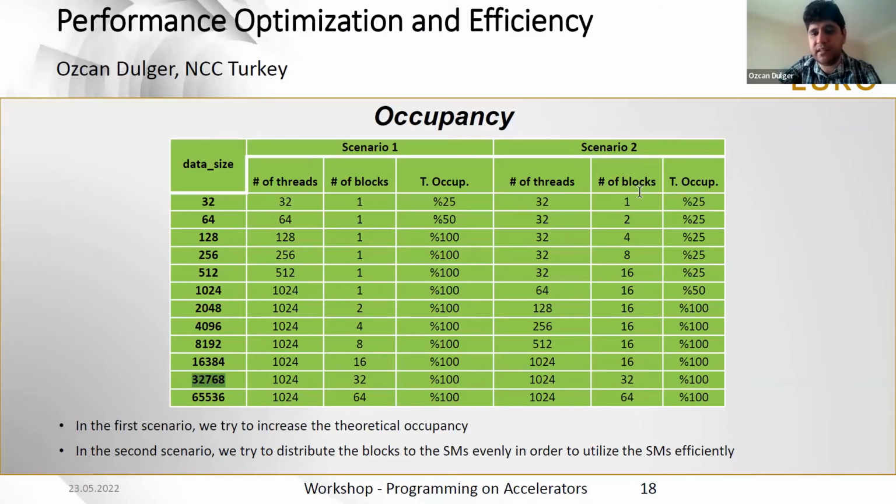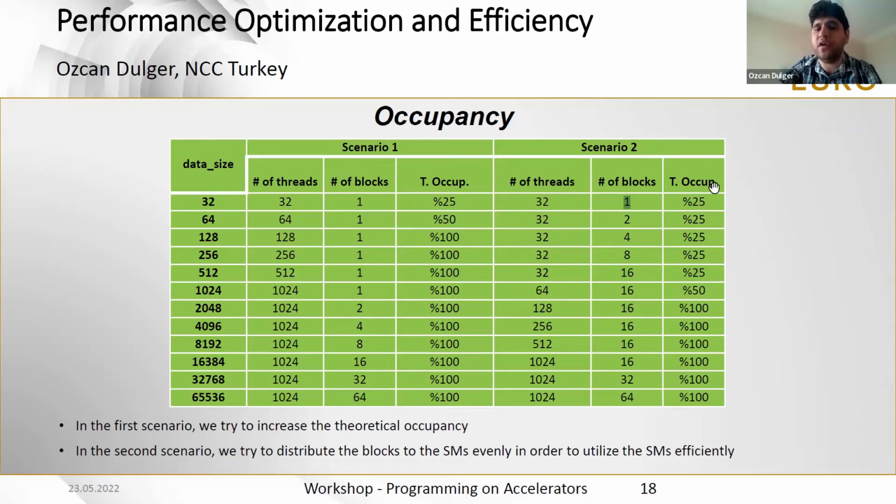As we check the number of blocks created in this scenario, it starts with one block and the number of blocks doubles as the data size doubles here. It is different from the first scenario.